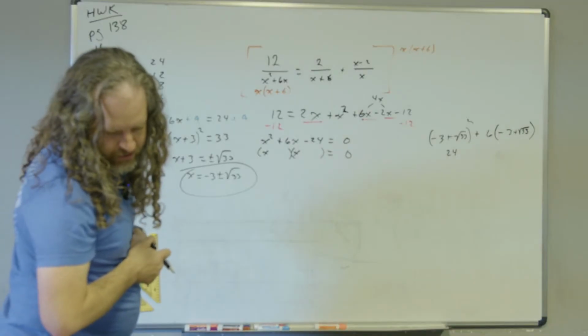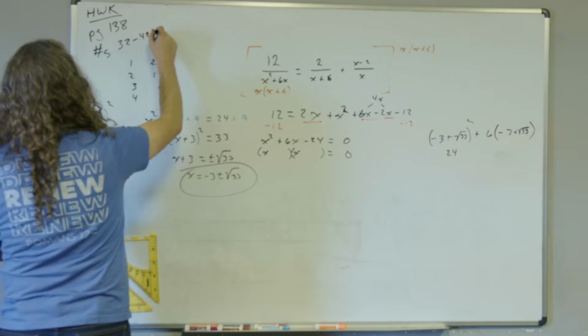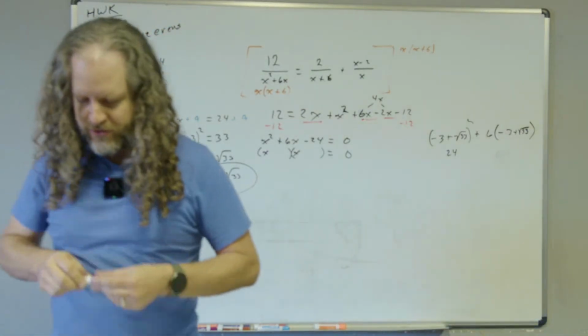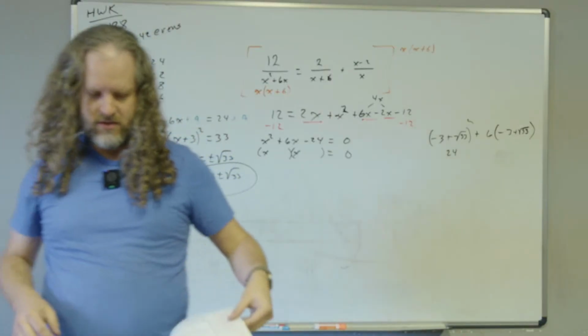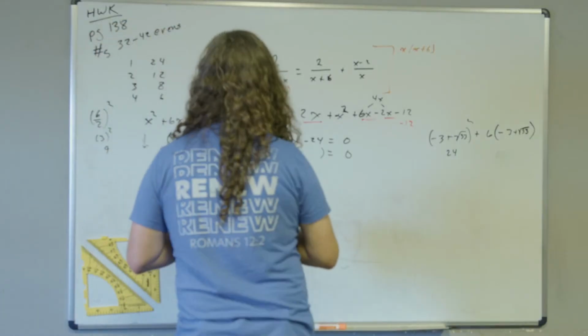What did I say? 32 through 42. Yes, 32 through 42 evens. And then let's do 3, 6. Excuse me, 2, 6. We're not in chapter 3 yet. Why are you lying to me?